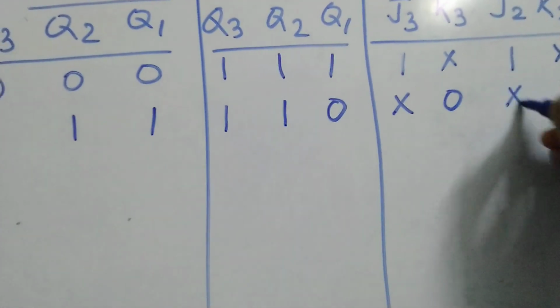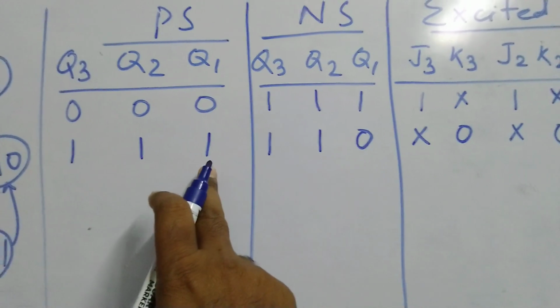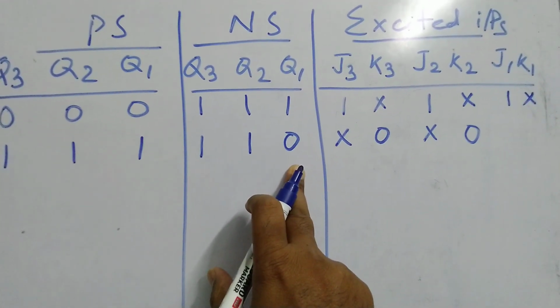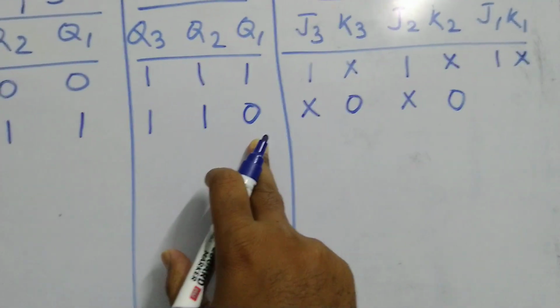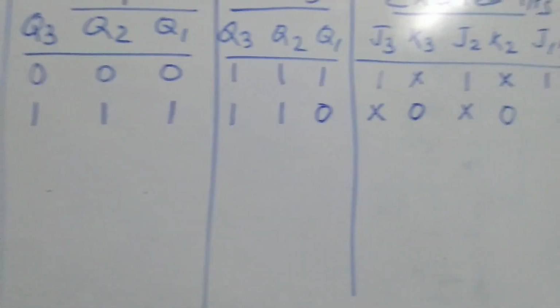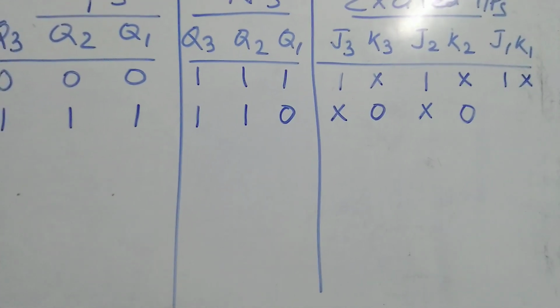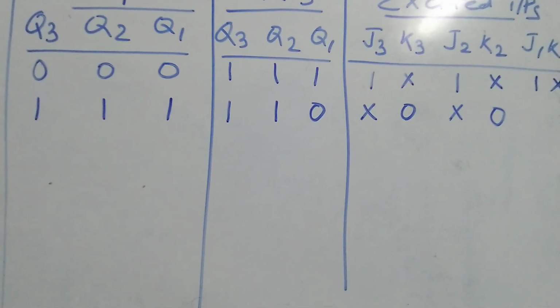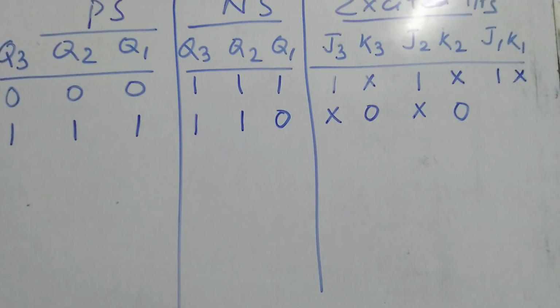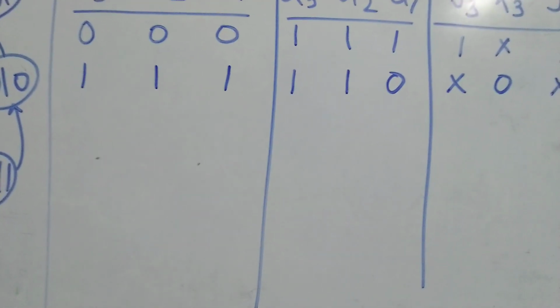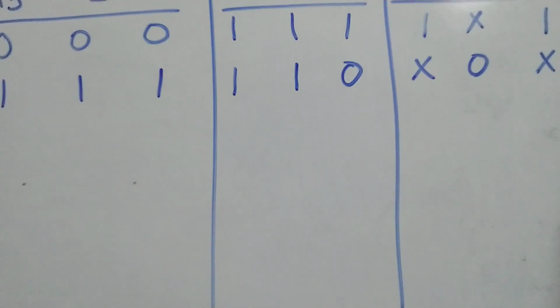Similarly it is don't care 0, and present state is 1, next state is 0. So it is possible when J is 0, K is 1 and J is 1, K is 1. Then we may write it as don't care 1.